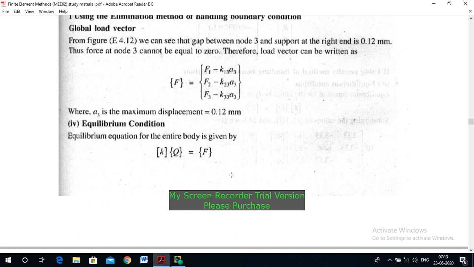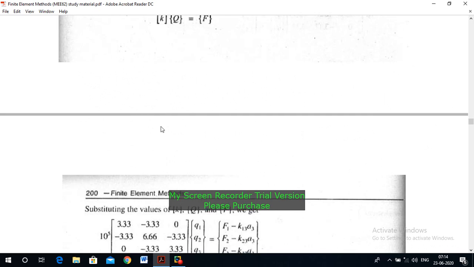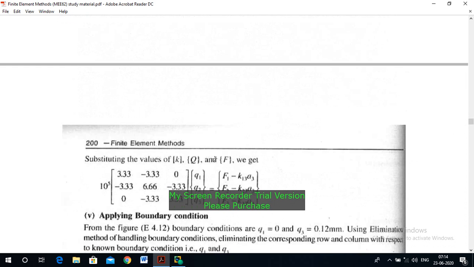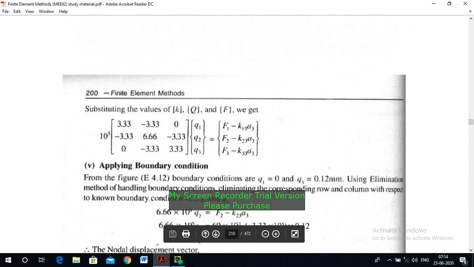mm, as given. Next, the equilibrium condition KQ equal to F. We know that K is the global stiffness matrix we calculated. Take that global stiffness matrix and copy the same values here. K, and Q is Q1, Q2, Q3, and the force vector is F1 minus K13 A3, F2 minus K23 A3, F3 minus K33 A3.